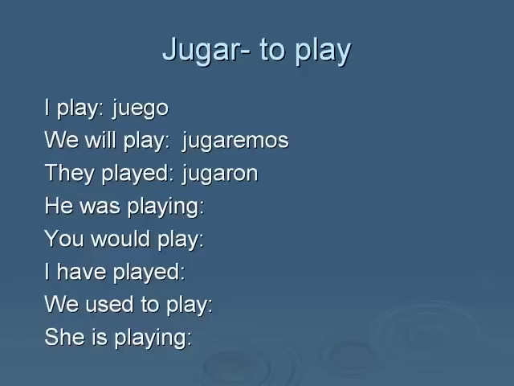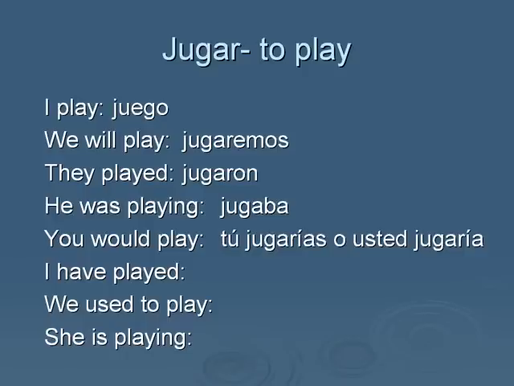Ellos jugaron. He was playing. Él jugaba. You would play. ¿Tú jugarías o usted jugaría?